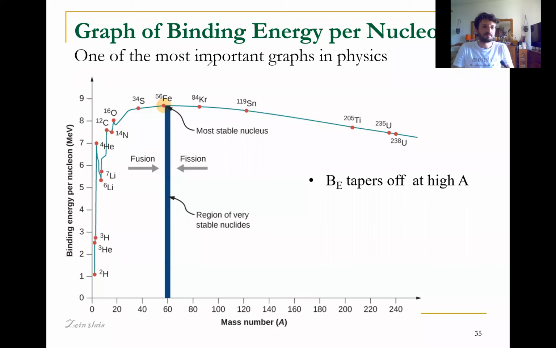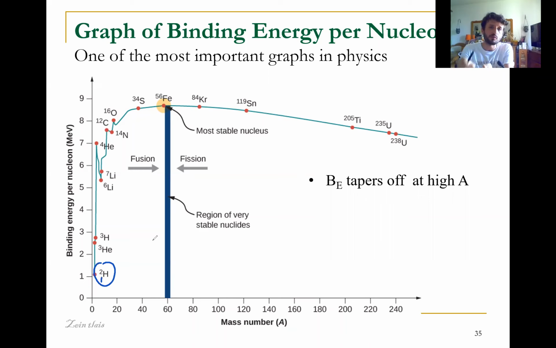Here I present all or some elements with the mass number A in terms of the binding energy per nucleon. If you look well here, for light nuclei, for example, we have the deuterium, H-1-2. In the deuterium nucleus, we have one proton and one neutron.